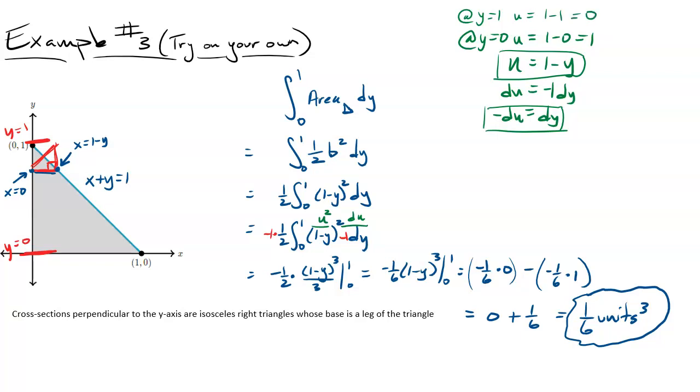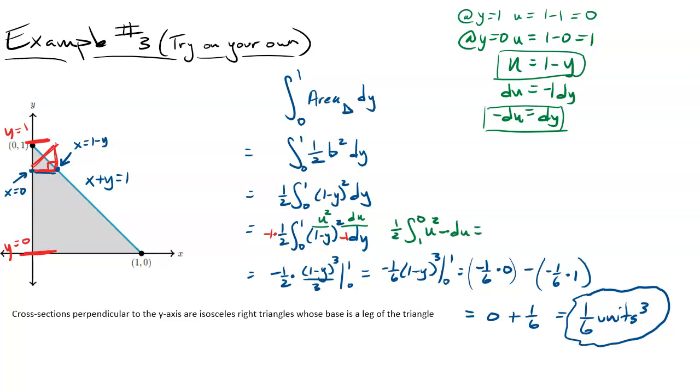So if you wrote down u substitution, you would have written down 1/2 integral from 1 to 0 of u squared times negative du.